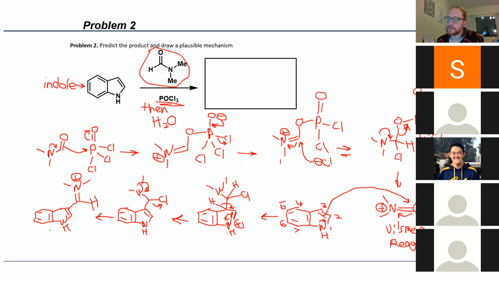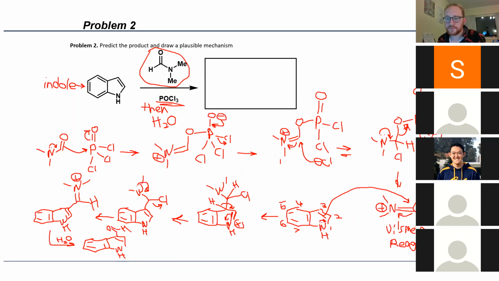And then upon water workup, this gives us the C3 formylated product. Okay, so the Vilsmeier-Haack reaction is a classic electrophilic aromatic substitution chemistry problem, right?